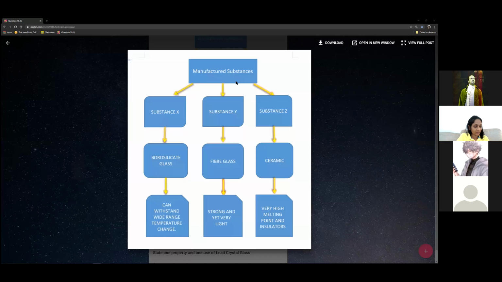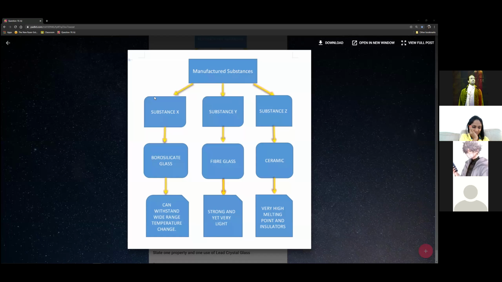Good morning to everyone, and Puan Shina, my friends, everyone. Our question is 10B. It asks us to identify the substances that are stated and its property for each specific use. So substance X is used to make glass cookware and boiling tubes.